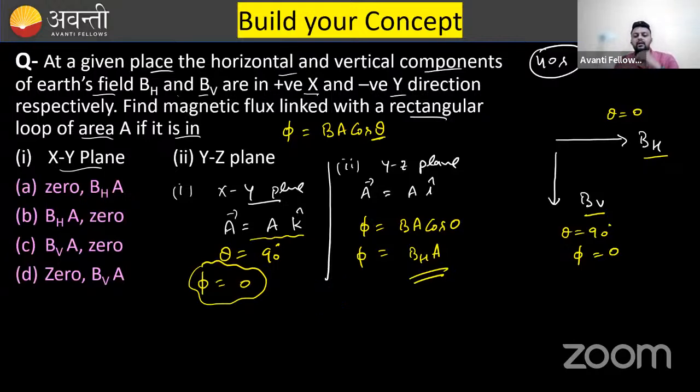Cos 0 is 1. So which is the correct option? 0 and BHA. That is the correct option, very good Rajkot. Fantastic. Bhavnagar, is it clear? Moving on to the next question.